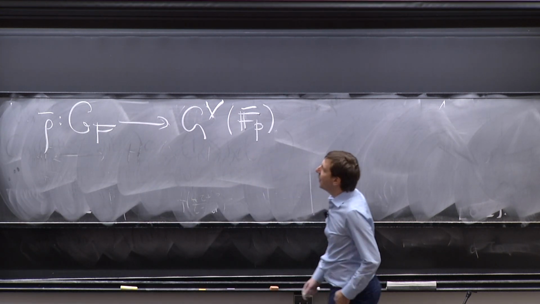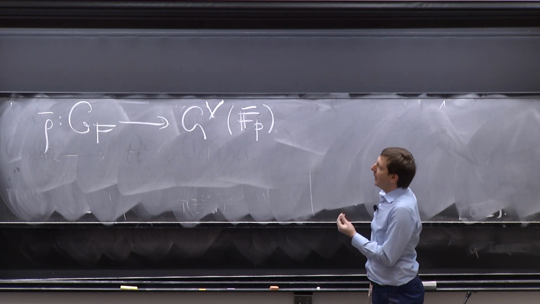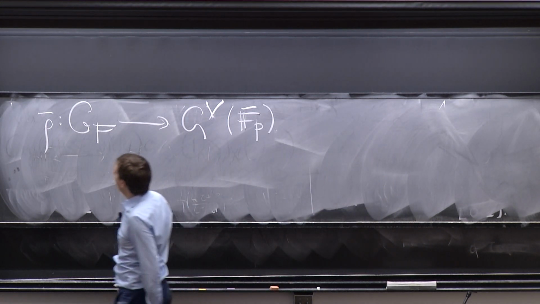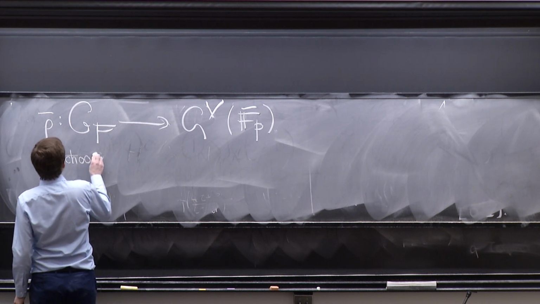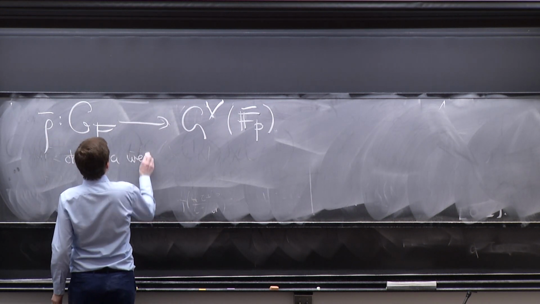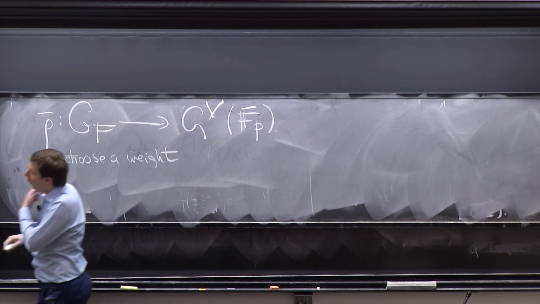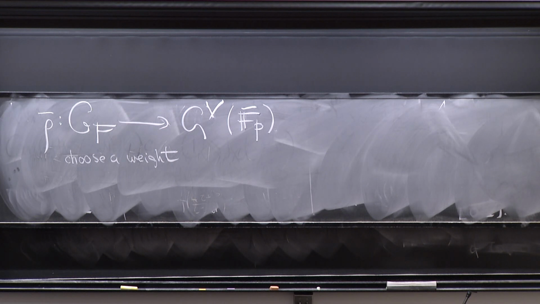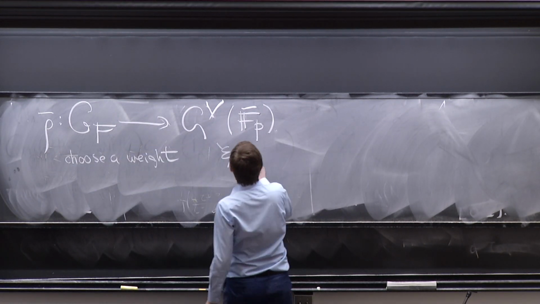Okay, so associated to this, we have a few things. So what is it that we have to say? Well, we have to choose a weight. So in the case of a modular form, the weight was just an integer. But in general, this will just be a usual weight.